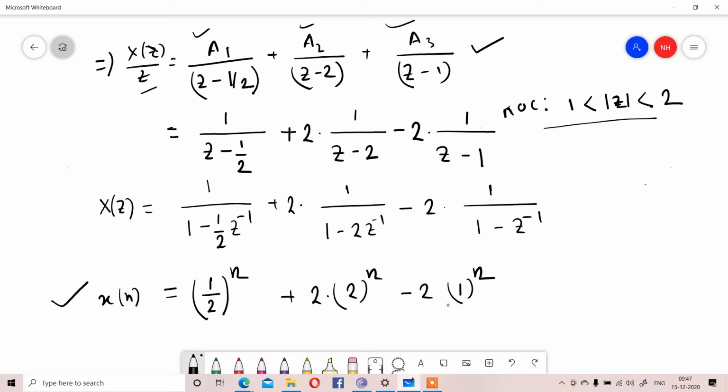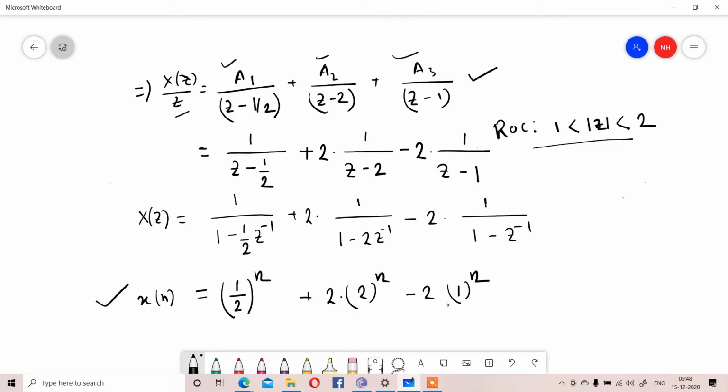Now after that you have to check the ROC. That is the important part. To check the ROC, first you have to draw that ROC. That will be your real z, that will be your imaginary z. So ROC is in between 1 and 2.